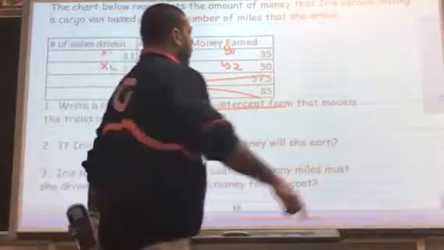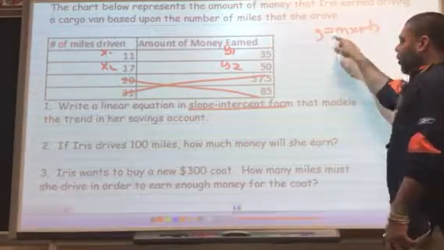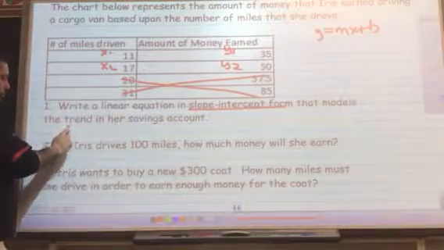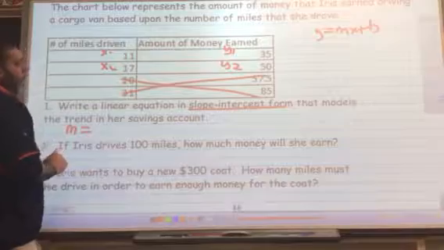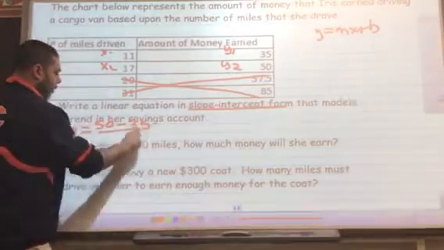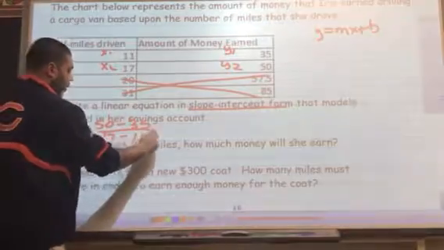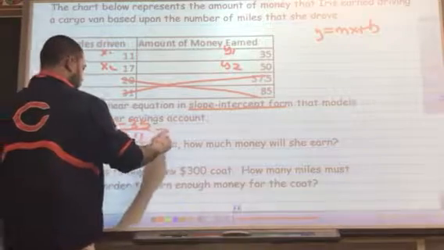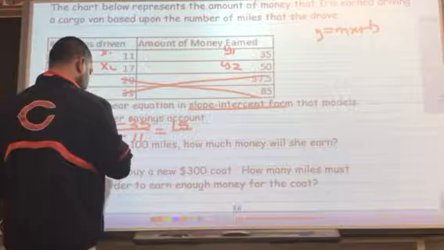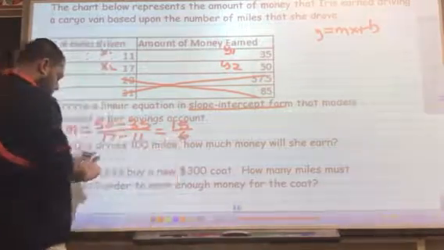When I need slope-intercept form, remember y equals mx plus b, the first thing I'm going to have to do is find my slope. So let's find our slope. I'm going to have 50 minus 35 over 17 minus 11. 50 minus 35 is 15. 17 minus 11 is 6.